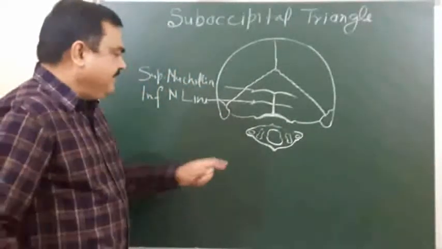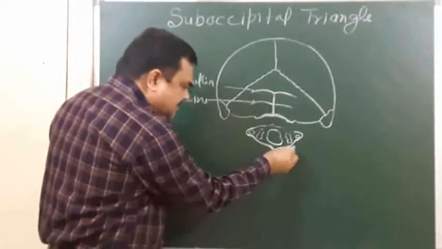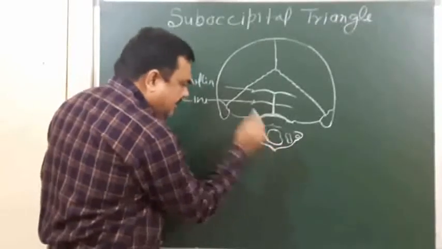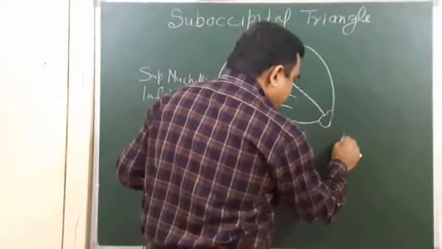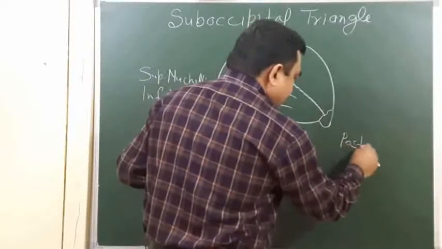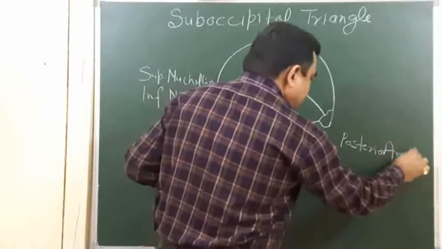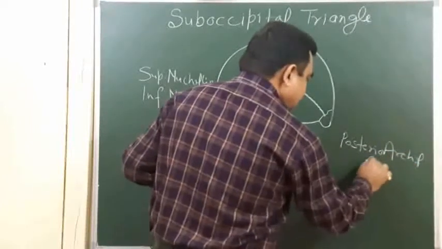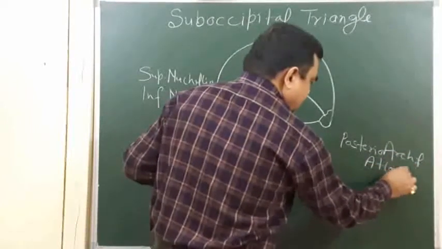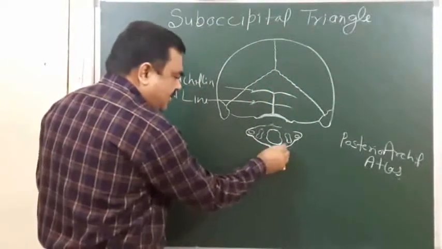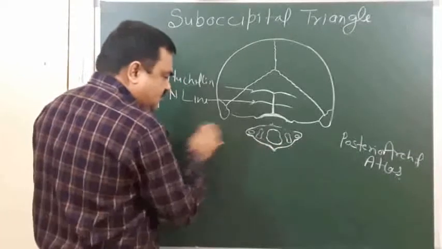In this diagram, from here to here, this is the posterior arch of the atlas, and this is the posterior tubercle.